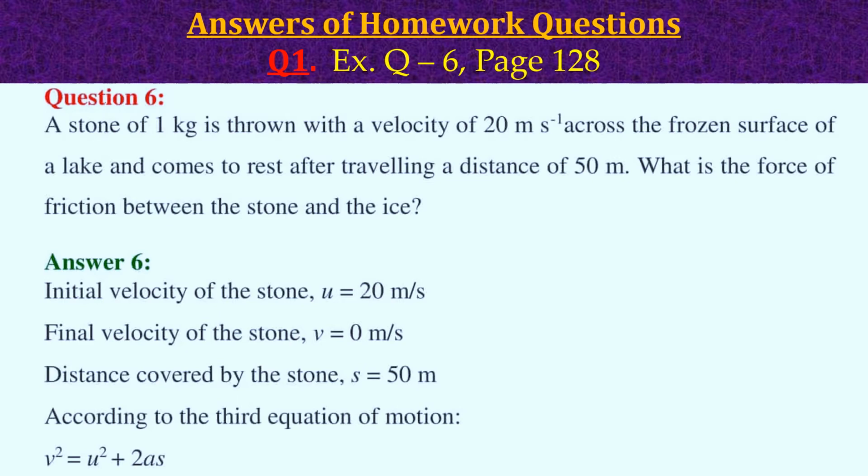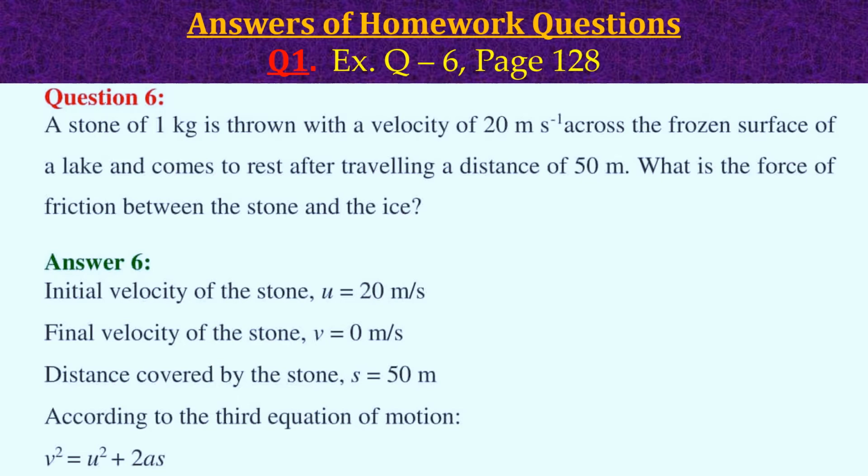We have 3 equations of motion, and you know that in 2 equations the term t is present. That is, our first equation is v is equal to u plus at. Then the second is s is equal to ut plus half at square. And the last is v square minus u square equals 2as. So we can use only the last equation here to find this acceleration.